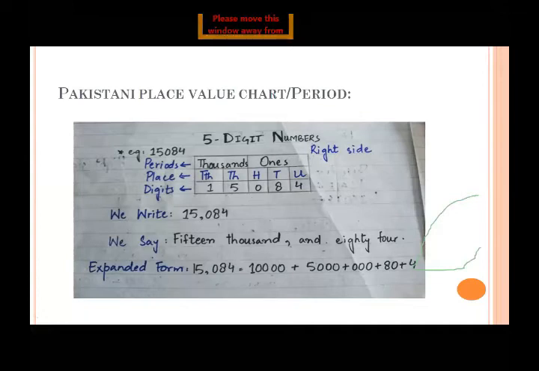What I told you yesterday, that when the first group is complete, we put a comma here. Why do we put a comma here? Because a comma acts as a separation between two groups. So here the first group is complete, 084, then we put a comma, then 5 comes at the place of 10,000, that is the 4th digit. And according to today's topic, 1 is our 5th digit number.